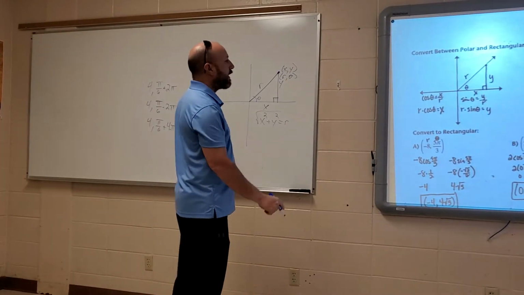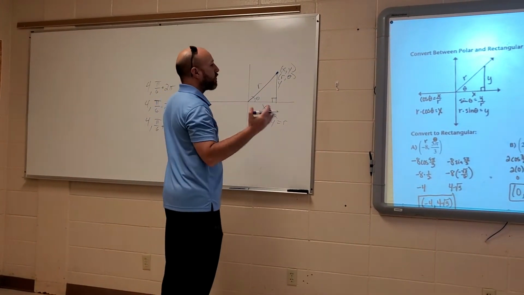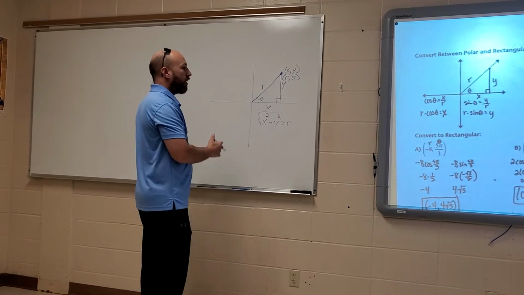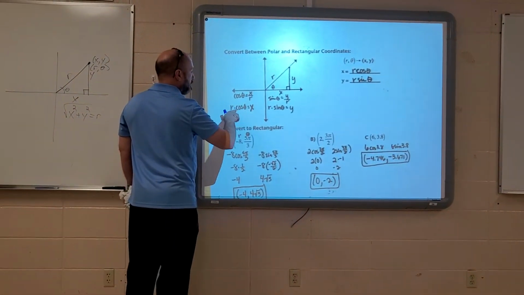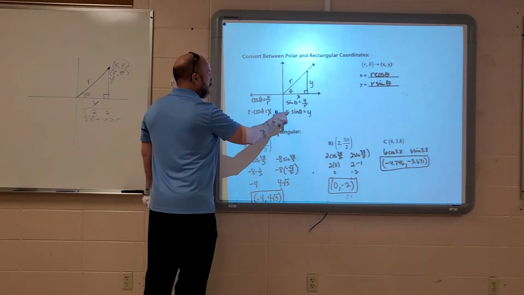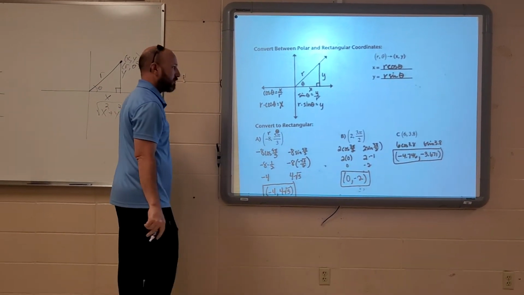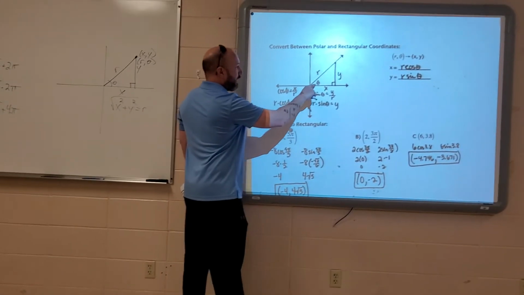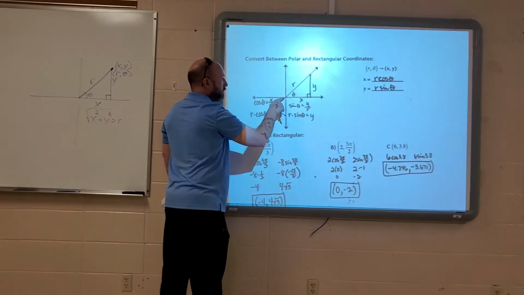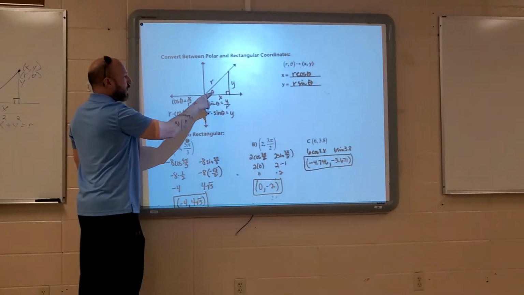Alright? And so now you need to have a way to define x and y in terms of r, and that's where r cosine theta is x and r sine theta is y comes in. Because if you look at this triangle, what's the cosine of theta?